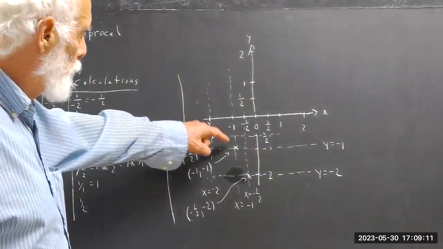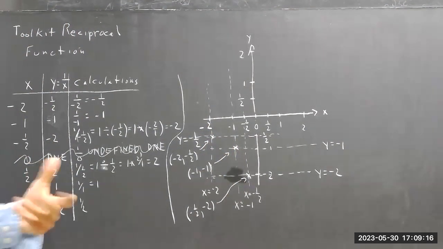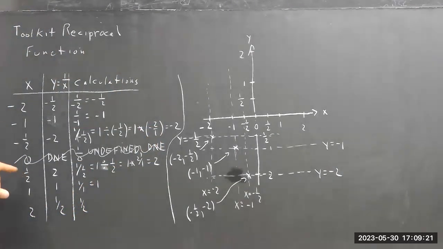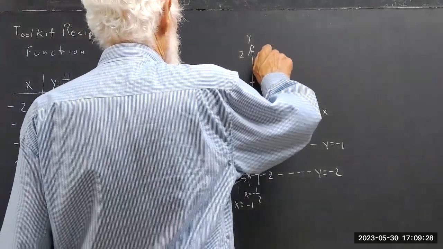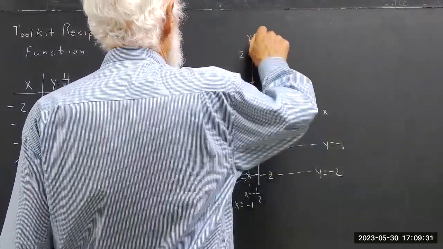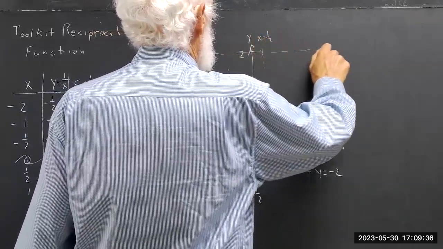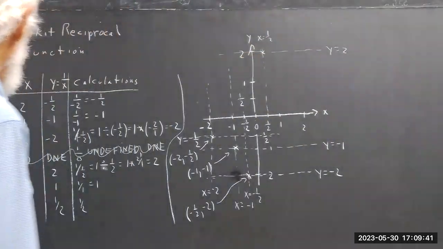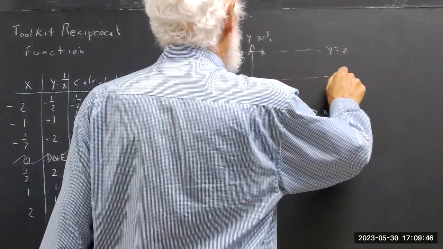Okay, so these 3 points are on the graph of the toolkit reciprocal function. We can do the same thing for the points 1/2, 2, 1, 1, and 2, 1/2. For 1/2, 2, X is 1/2, so we draw a vertical dotted line, X equals 1/2. Horizontal line for Y equals 2. And there's our point. And then 1, 1, well, Y equals 1.